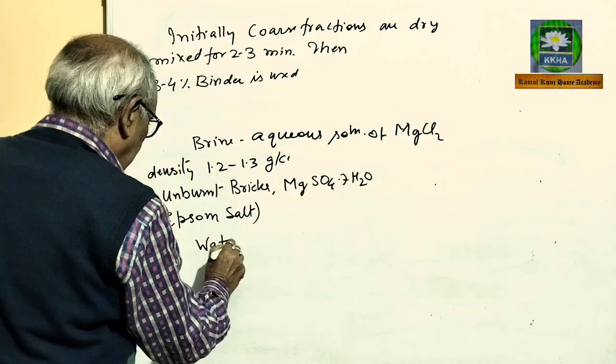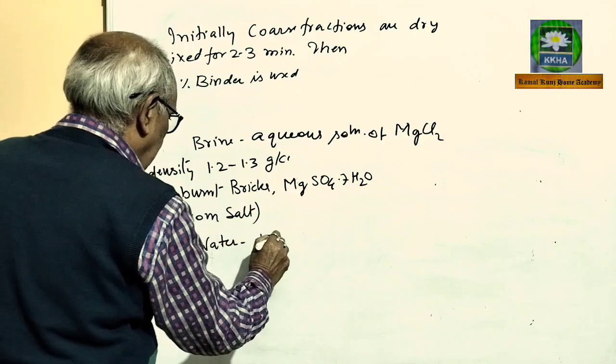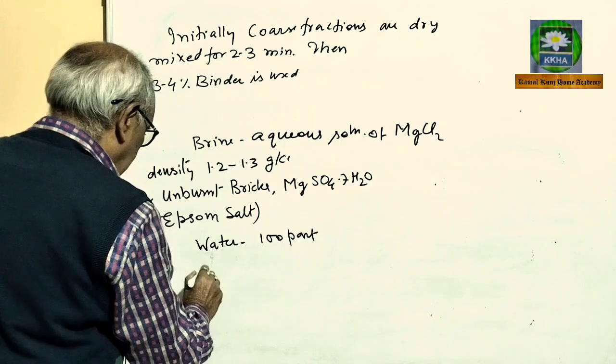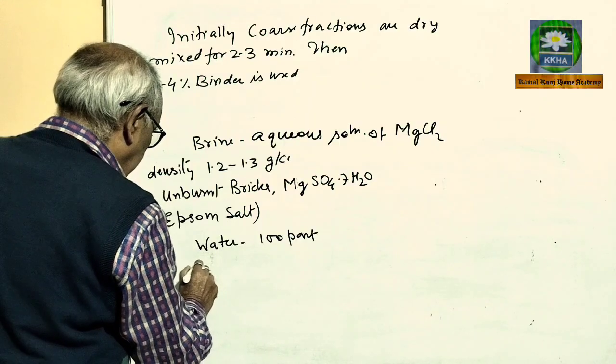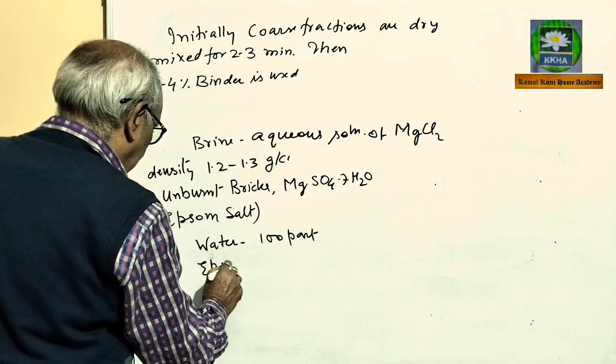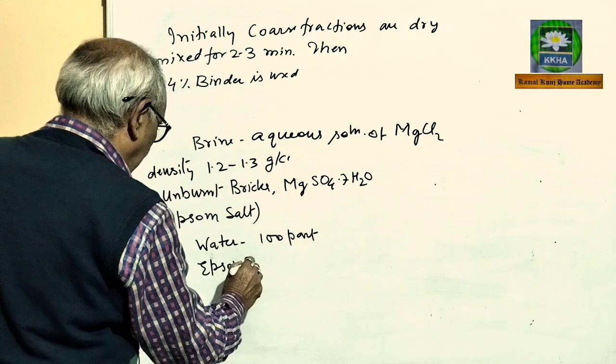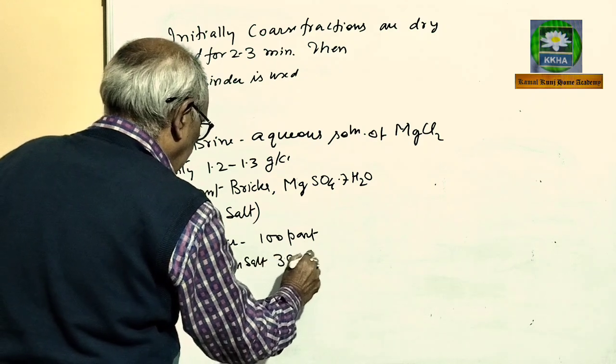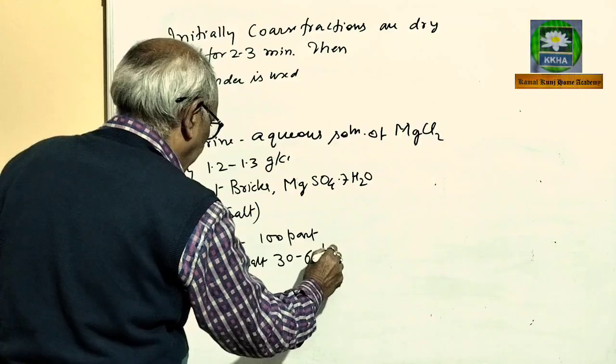Suppose water is 100 parts, then Epsom salt is 30 to 60 parts.